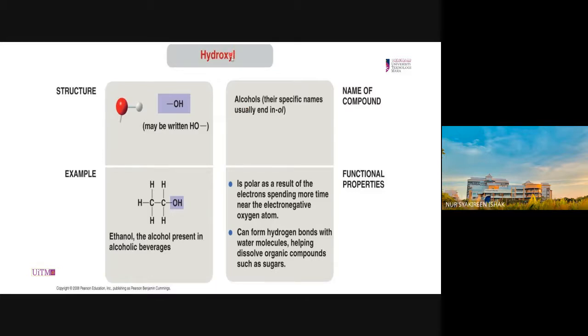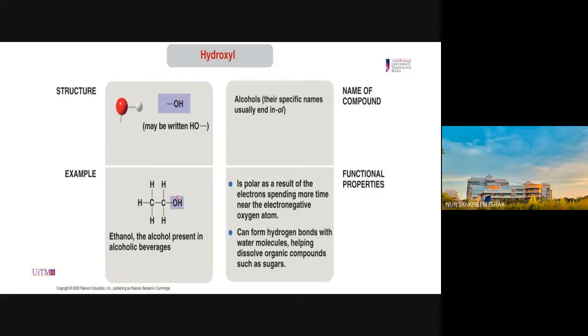So the first one is the hydroxyl group. As you know, the structure is OH. The name of the compound is alcohol. Their specific names usually end in -ol. An example is ethanol, the alcohol present in our alcoholic beverages.